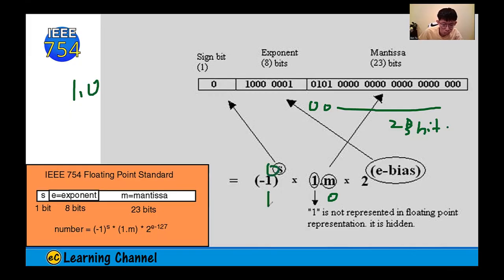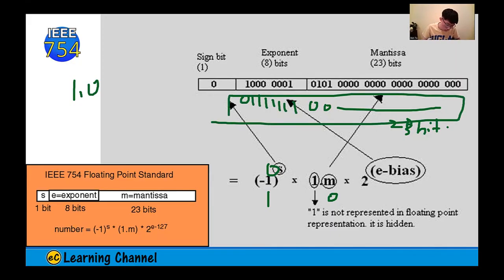Your exponent minus bias should be 0, because you want to have 1.0 times 1, right? So here is 0, 1, 1, 1, 1, 1, 1, 1. This one is your floating point 1.0. Is that okay?